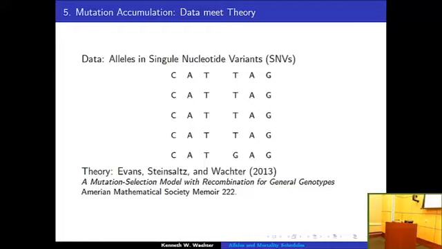Cat tag, cat tag, cat tag, cat tag, cat gag. Whoops, cat gag. There's a one-letter difference. That's a single nucleotide variant. And when you see them, they are generally deleterious. They're a deleterious form of the genetic code, and these forms are called alleles. So we're talking in this theory about the relationship between the millions of single nucleotide variants now identified by genome studies, relationships between those and demographic schedules.